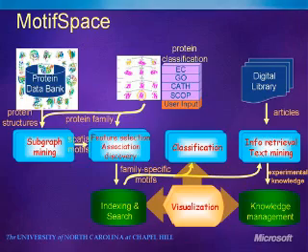The overall structure of MotifSpace consists of several computational components, and we start with the protein structures available in the Protein Data Bank. We all know that scientists have been doing a great job grouping protein structures according to similarities in their structure and functions.